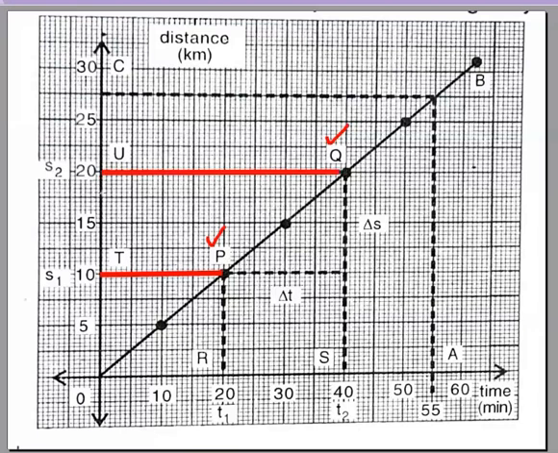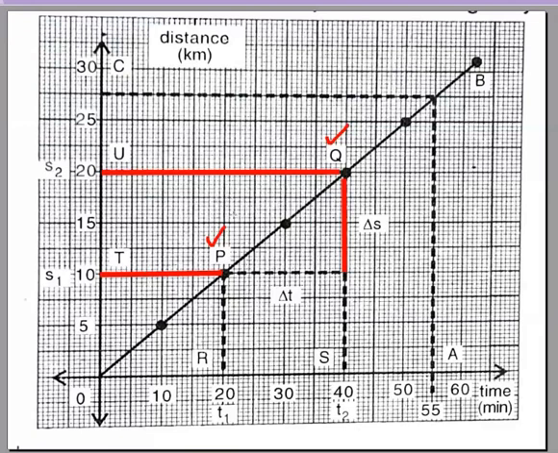Okay, so this is 10 kilometer, which is the distance traveled by the bus between these 2 points. And this is actually the change of distance, right?